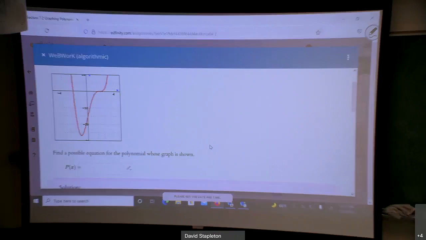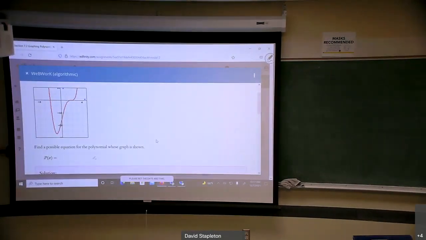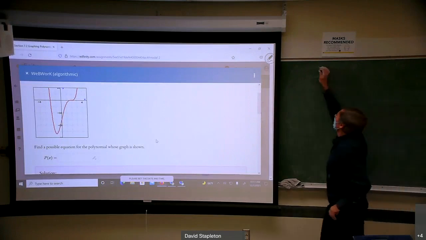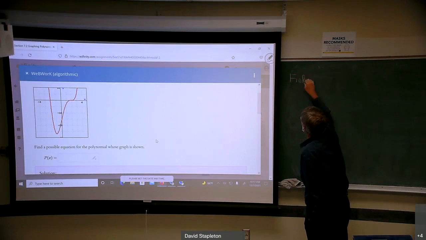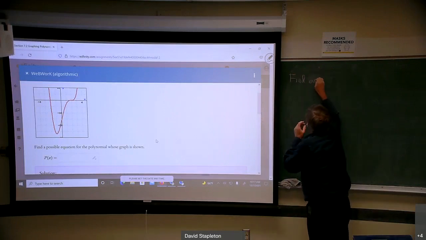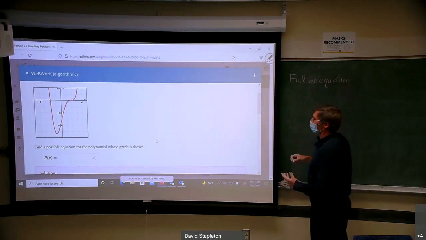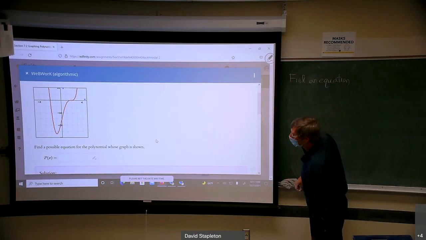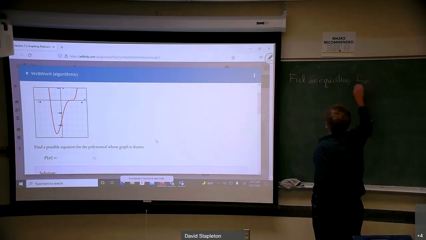Find an equation. This is the last problem. I forgot its number. It's hard to tell from the graph, but let's find an approximate equation is the idea. So it says find a possible equation for this graph.